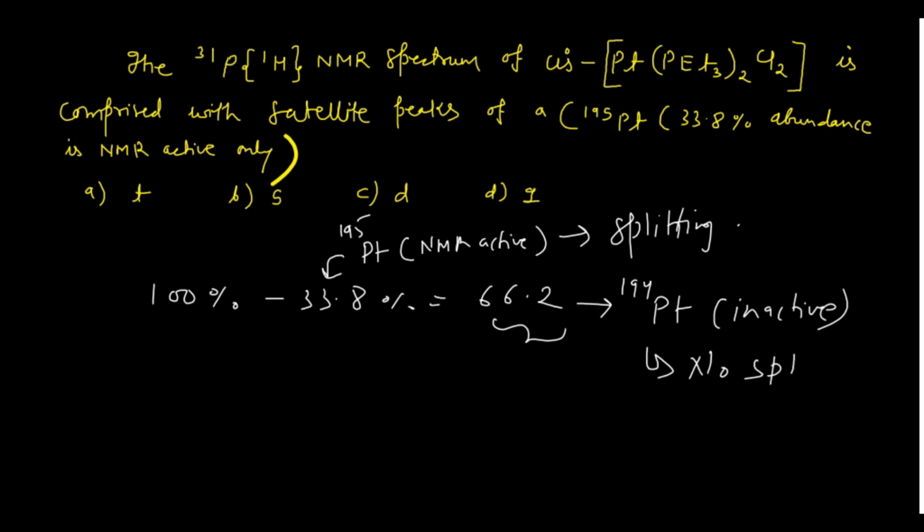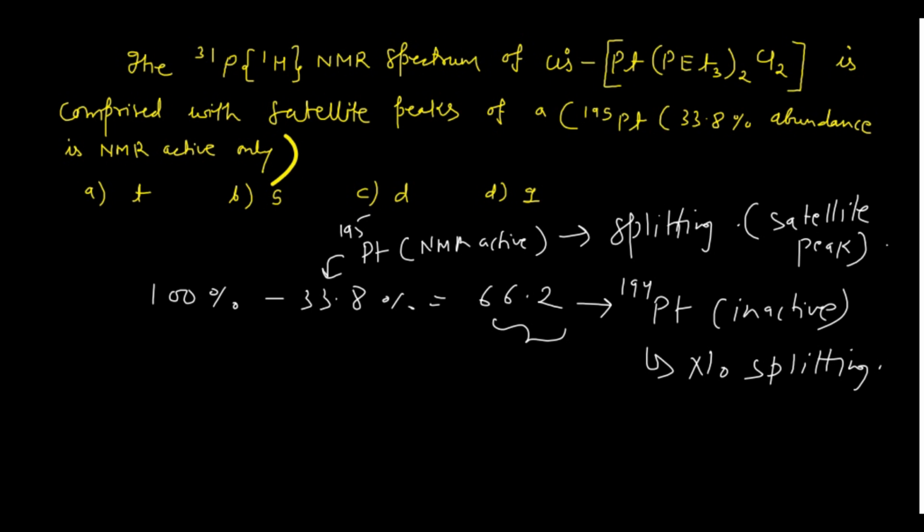Sorry, my bad handwriting. And satellite peaks always come due to the isotope which is less abundant. So splitting is there in that case. This platinum NMR active, which is your 33%, will give you the satellite peak because it is less abundant. The more abundant one is NMR inactive.